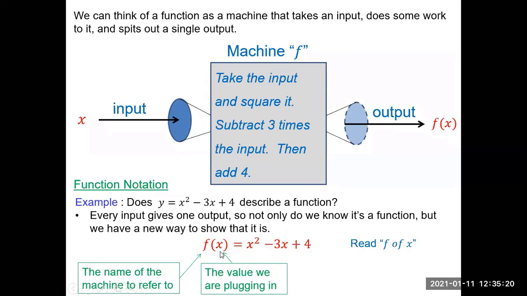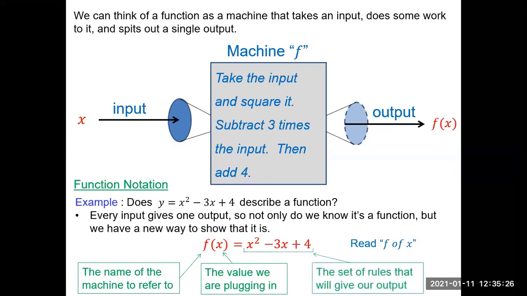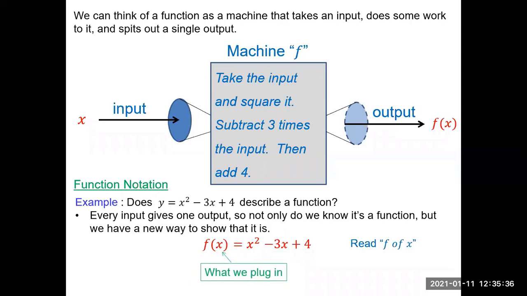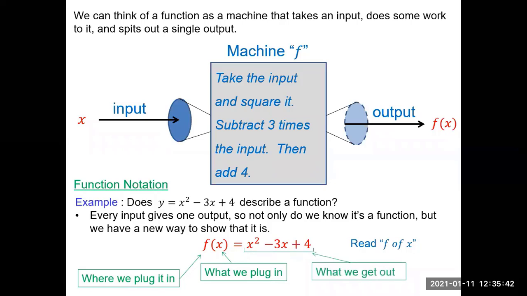And so this value right here would maybe be a 1 or a 3 or a -2. And finally, this whole quantity on the right side is referring to the set of rules that will give us our particular output. So in other words, what it's telling us is what to plug in, where do we plug it in, and when we do so, what exactly are we going to get out?